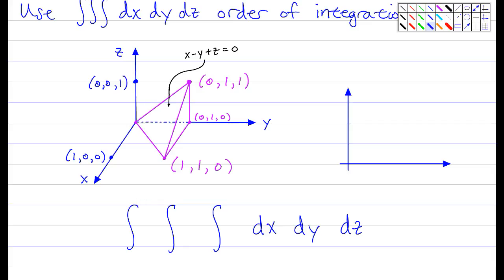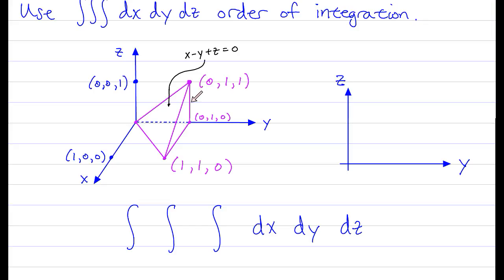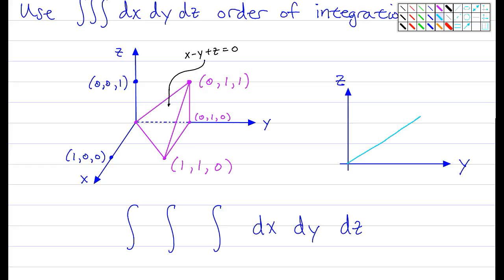So let's go over here to my axes, which now I'm going to label with Y and Z. This is going to define our region R. Now if you look at this, you realize this solid is right up against the YZ plane. The shadow is just being formed by this triangle that I'm outlining right here. That's going to give us our region R. So if I draw it over here in the YZ plane, we've got this nice straight line there.